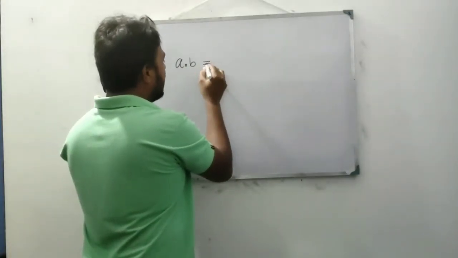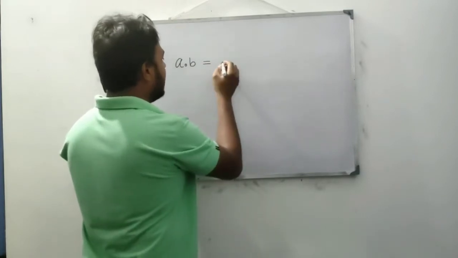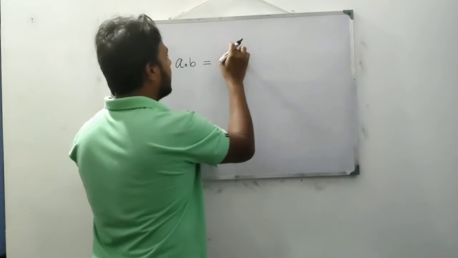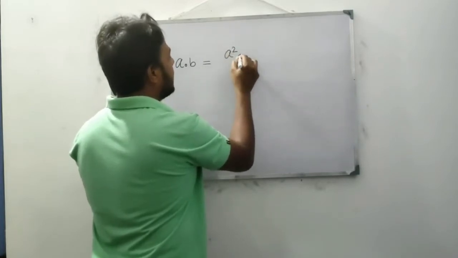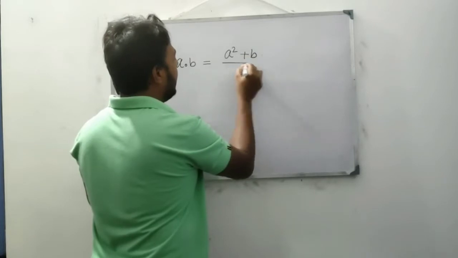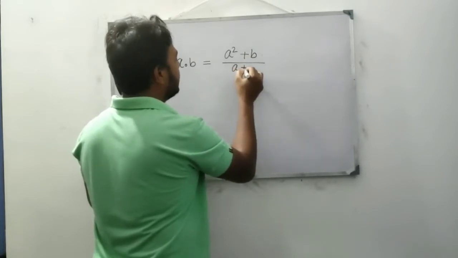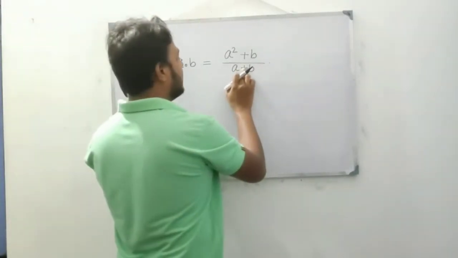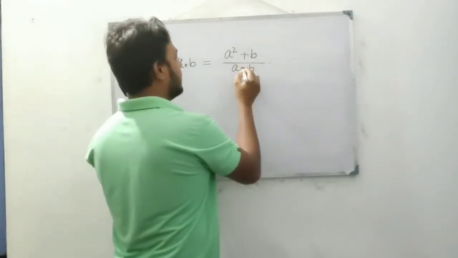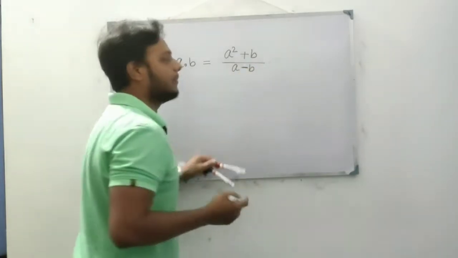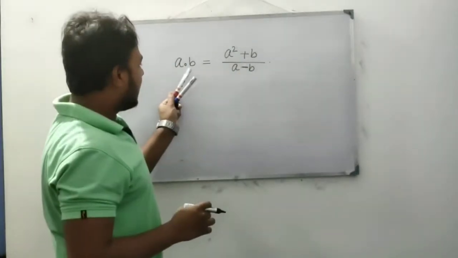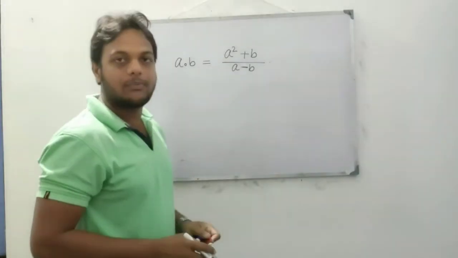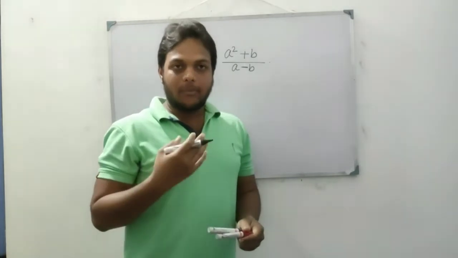Suppose I am giving you the definition of compose in this way: a compose b equals a square plus b by a minus b. Okay, so I have introduced you to the new operation compose in this form.